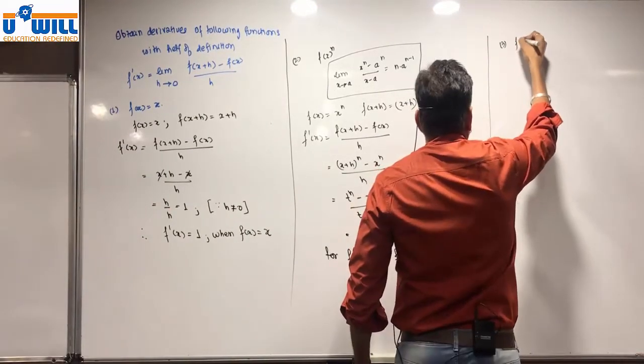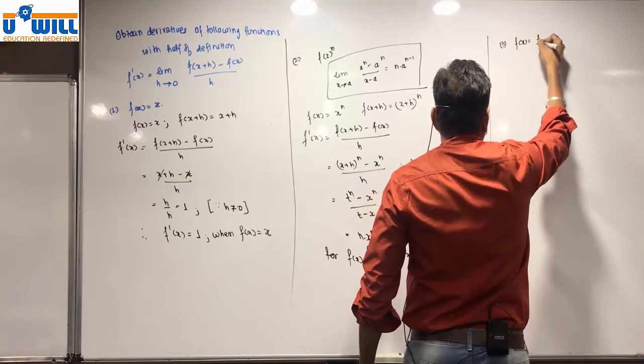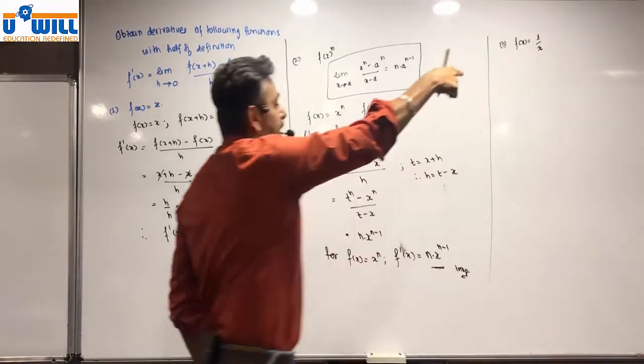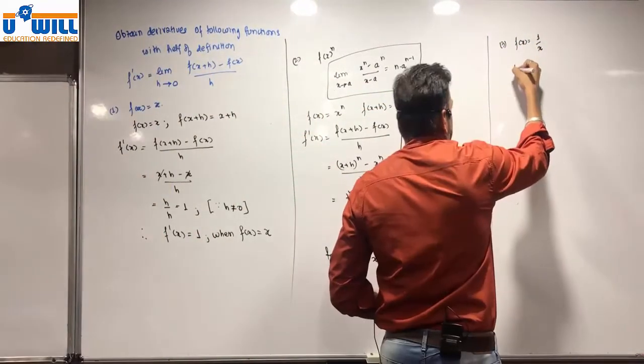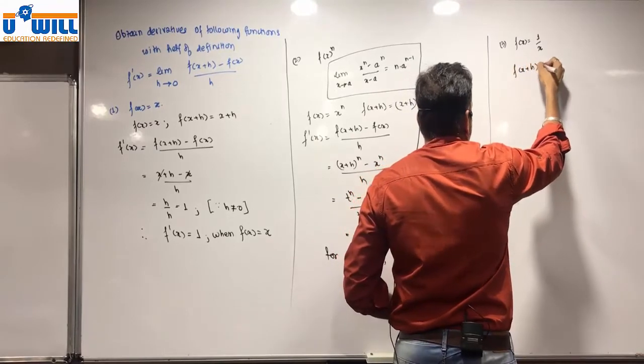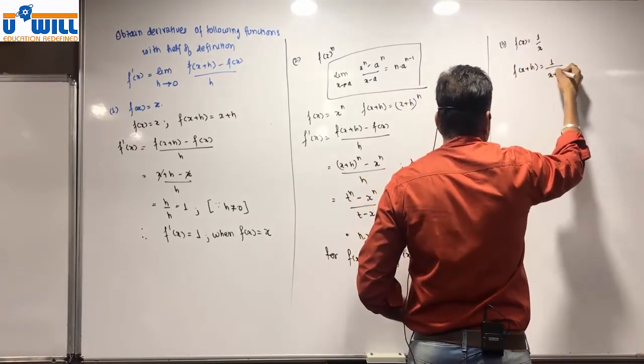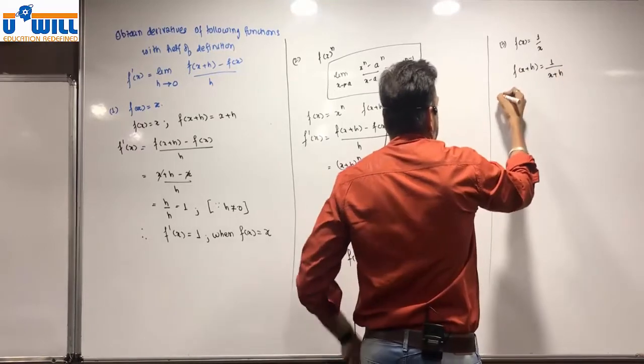Third, f(x) is equal to 1 by x. Find the derivative of this function. f(x + h) is equal to 1 upon x plus h. We need to solve this.